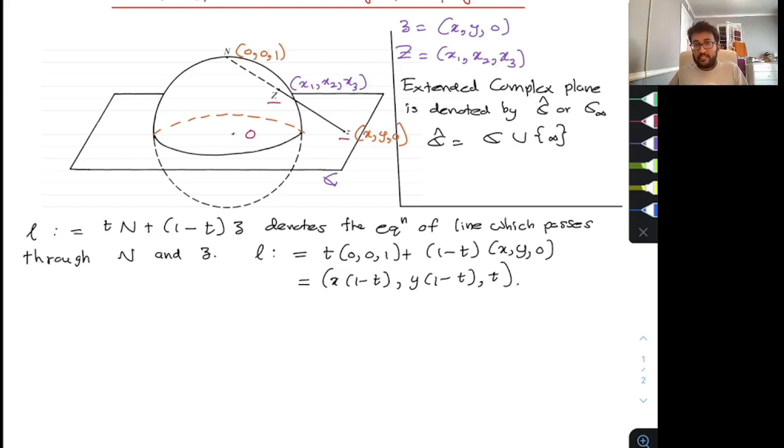Right, so this is the equation of my line, and then I know that my point capital Z is lying on this line.